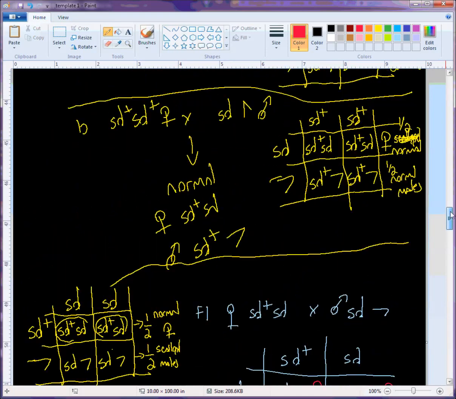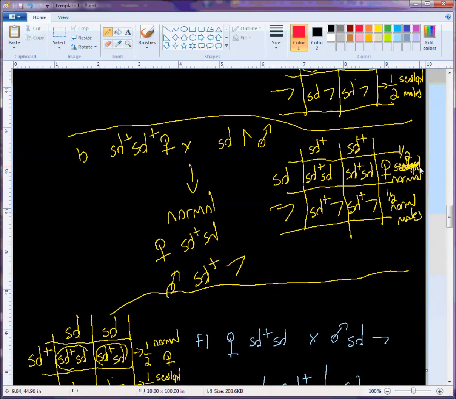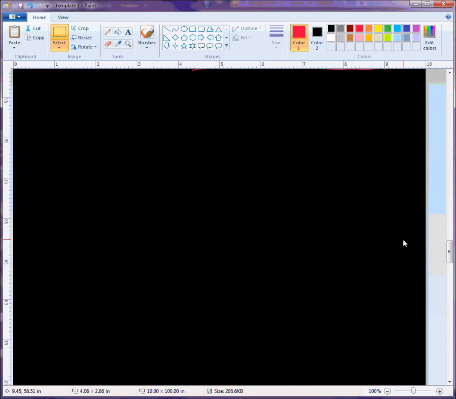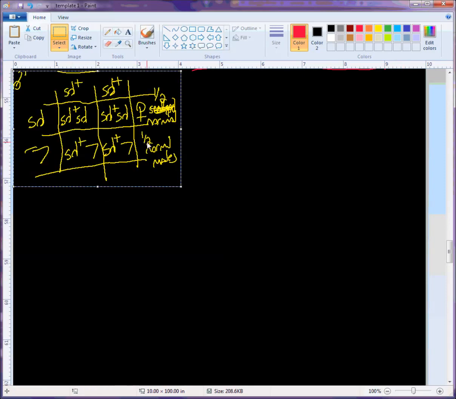Now let's take a look at the F2 generation from part B. Copy and paste the Punnett square that gave us the F1 genotypes. Okay, so in part B, the F1 females are all normal phenotypes with the heterozygous genotype.